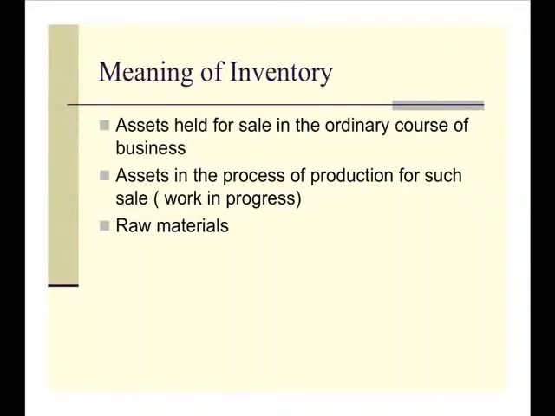That means incomplete items within the production process, within the factory, are called work in progress. Work in progress is also part of the inventory. And you have raw materials in your warehouse, in your factory. So if it is a manufacturing business, raw materials are also part of the inventory. Inventory sometimes consists of unsold items in the normal course of business, and work in progress and raw materials.